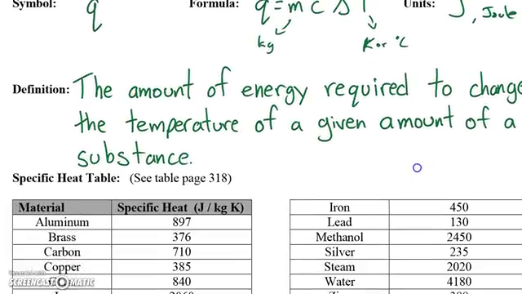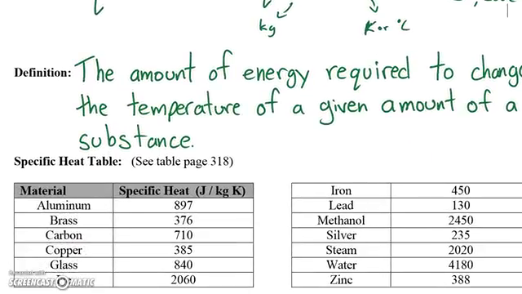So specific heat values, you can see some of them here, where you've got a low of lead. It only takes 130 joules to heat 1 kilogram up 1 degree, whereas it takes 4,180 joules to increase 1 kilogram of water by 1 degree, which is a very big difference.